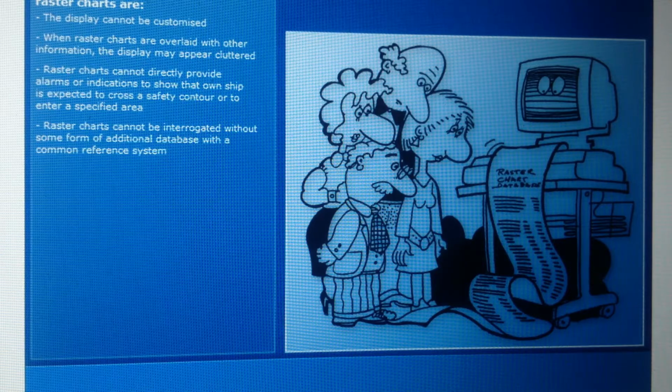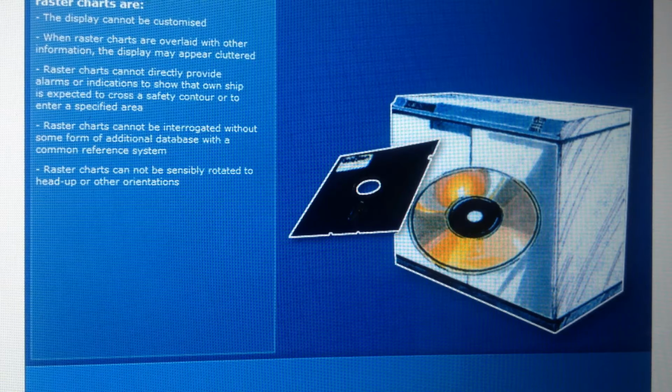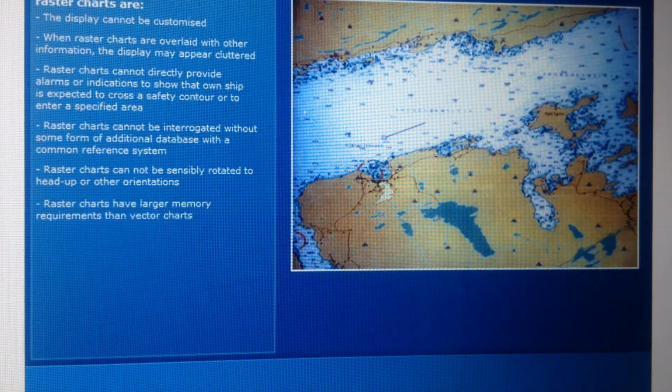Raster charts cannot be interrogated. Without some form of additional database with a common reference system, raster charts cannot be sensibly rotated to head up or other orientations. Raster charts have larger memory requirements than vector charts.